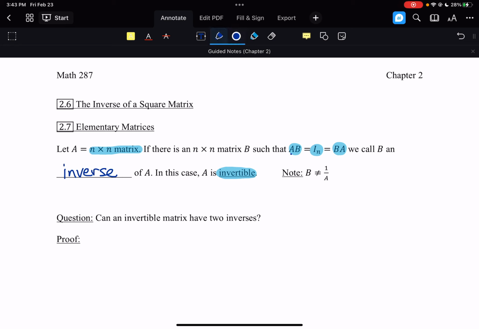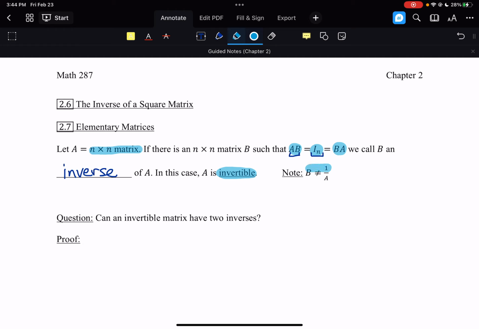So it has another matrix that when multiplied by it, they essentially, for lack of a better term, cancel each other out or like undo each other. They turn each other into that identity. Note, when we're talking about matrix algebra, the concept of division is not something that we use for matrices.